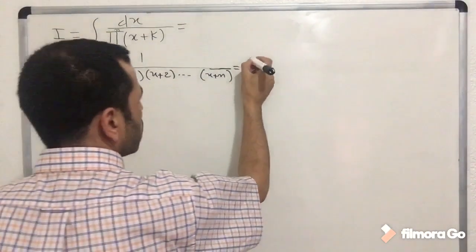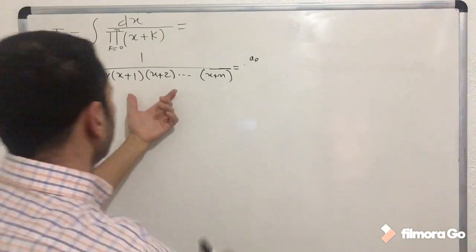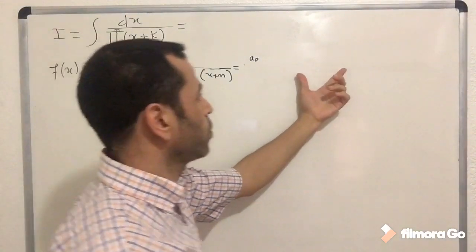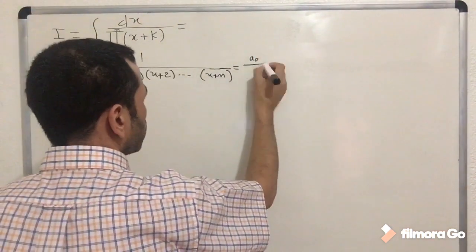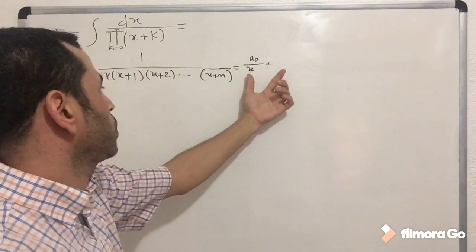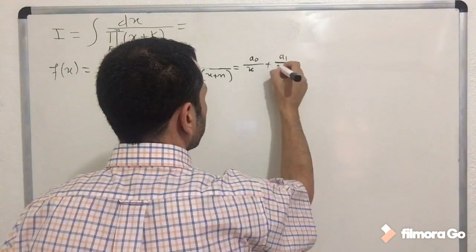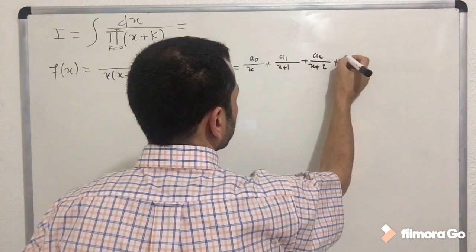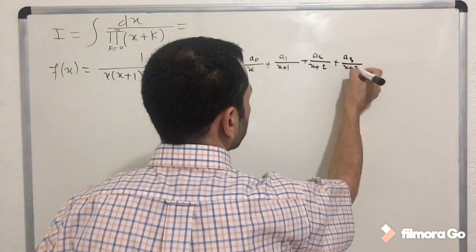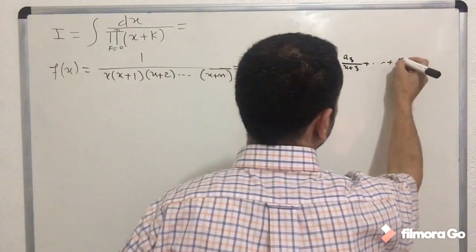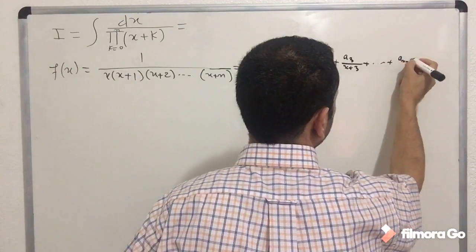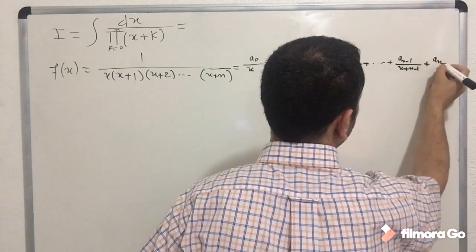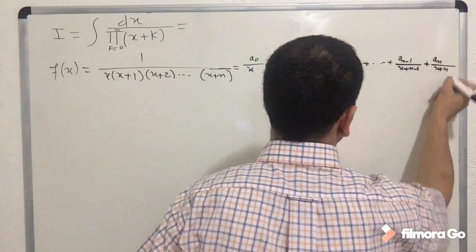So you split every individual term separately, so it gives you multiple terms: a0 over x plus a1 over x plus 1 plus a2 over x plus 2 plus a3 over x plus 3, and so on until you get the last two terms, a n minus 1 over x plus n minus 1 plus the last term, a n over x plus n, right?